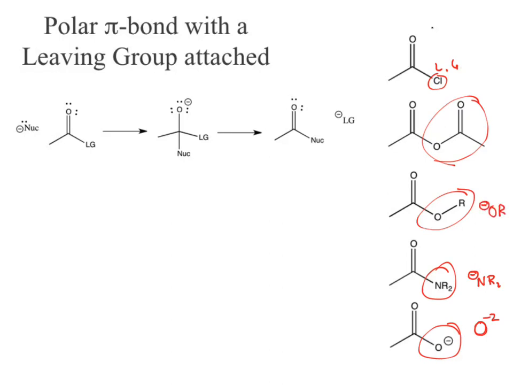N negative versus O negative. Which one's better? Why is O negative a better leaving group? It's more electronegative.